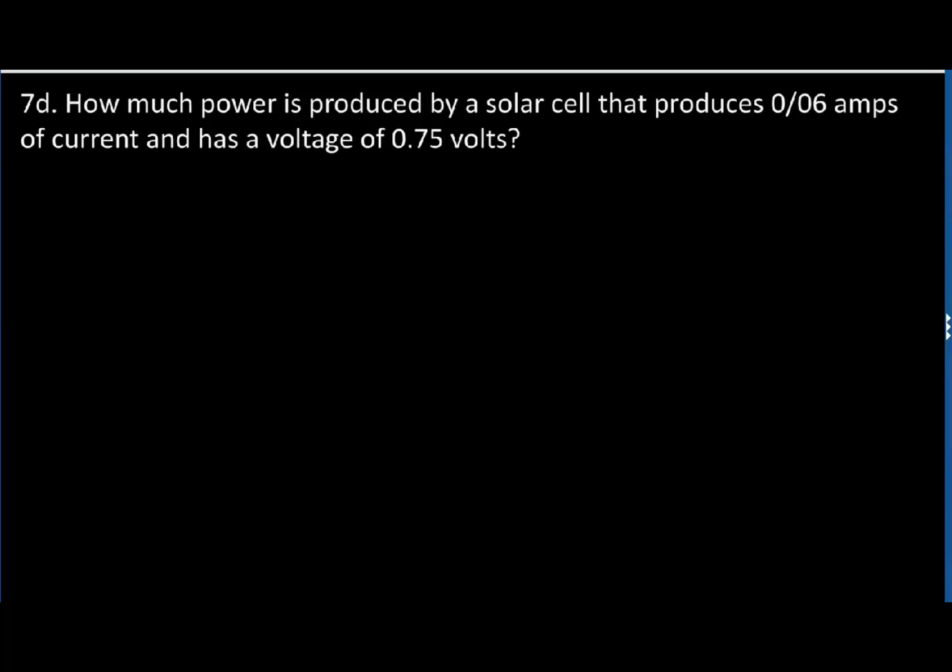Now for part D, it has this little fraction here. I believe they meant a decimal, so just put a decimal there. The first thing you need to do is figure out your power. Power is equal to current times voltage.